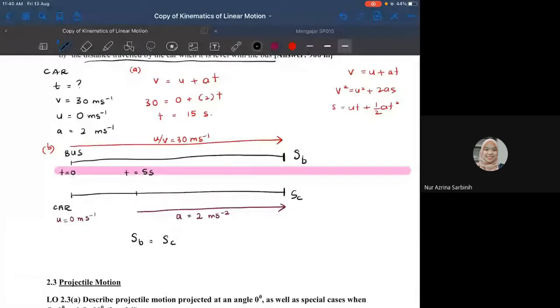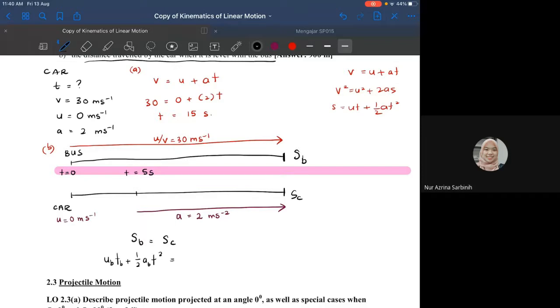Okay, and then kita tahu satu je formula yang ada S tu kan, iaitu yang starting with this one. Okay, so ini pun kita letaklah UB plus half AB T square, kat sini pun sama. Okay, cuba kamu lukis dulu. Okay, lepas tu mesti tulis dulu, this one is UB TB plus half AB T square.